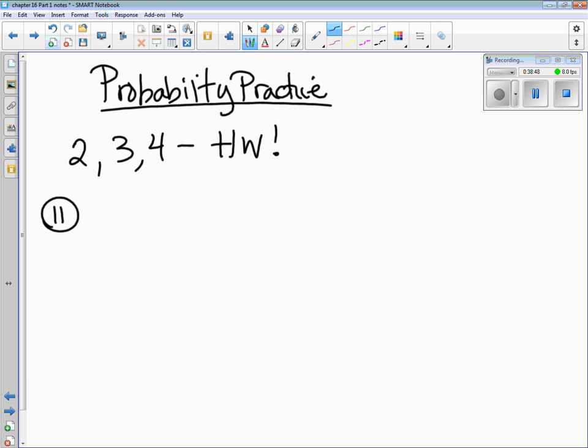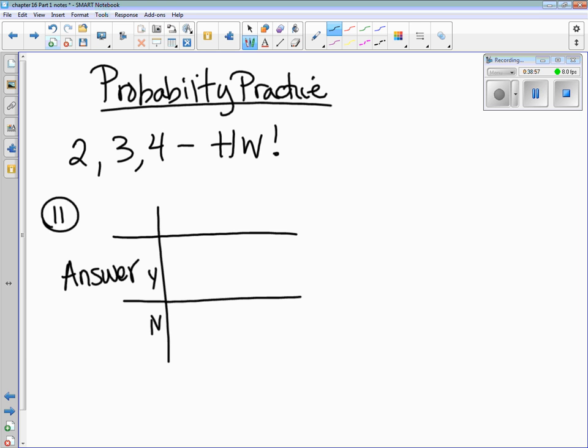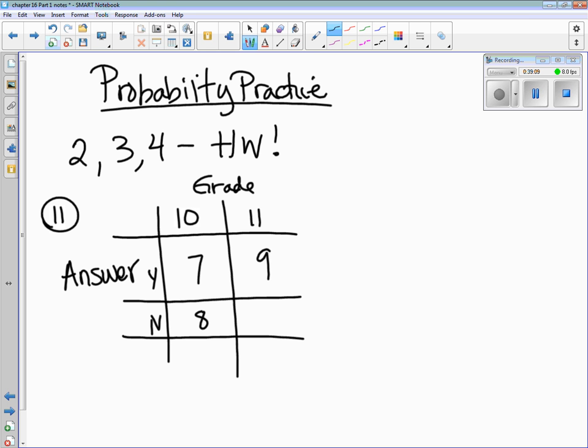So in question number 11, you have either answered the question yes or no, and you are either in grade 10 or 11. Would you agree with that? That's what the chart's giving us here. So we have 7, 8, 9, 12.